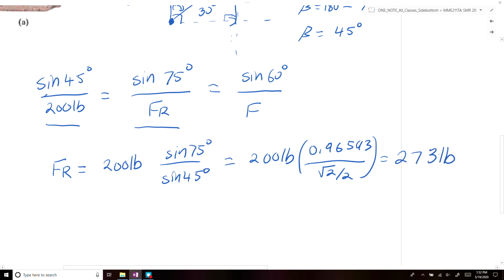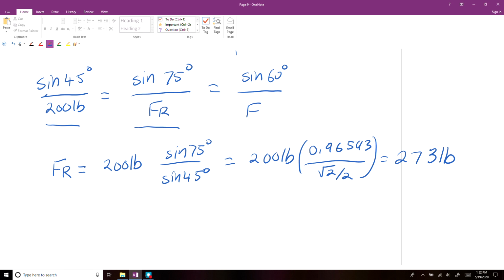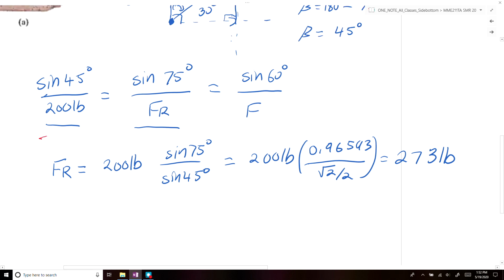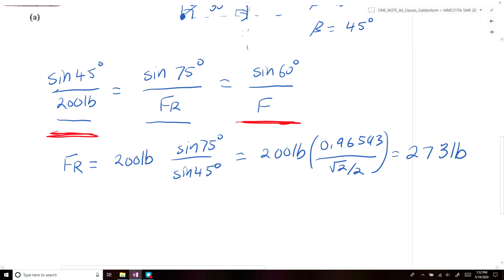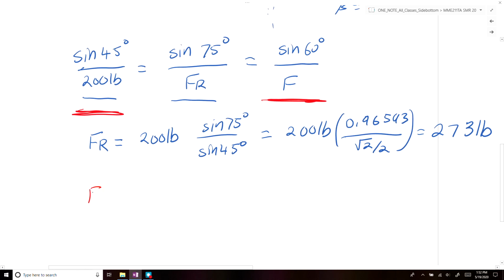Then if we look at our leftmost term and the rightmost term, we can solve for the magnitude of our unknown force F. That would be equal to 200 pounds times the sine of 60 degrees divided by the sine of 45 degrees.